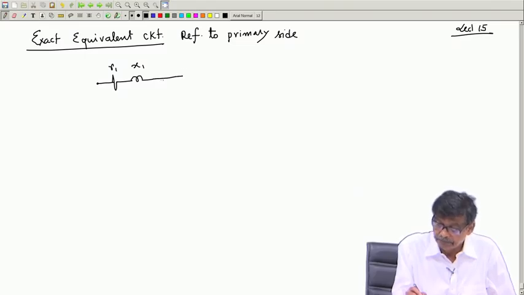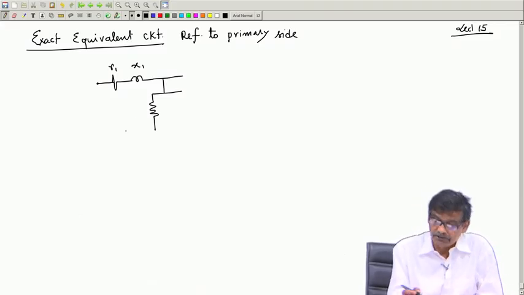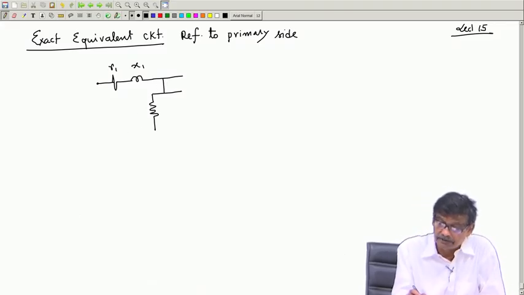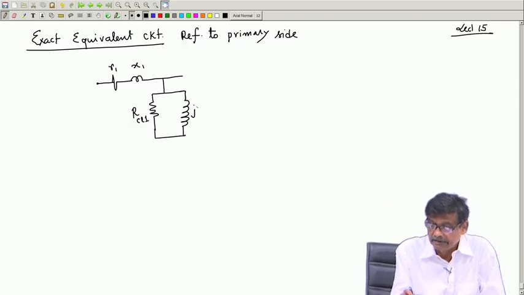then you have this parallel branch. One is this resistance, which I am showing by several lines indicating that it will be high; V square by R will be this power, and I will call it R core loss, referred to primary side 1. And here is the magnetizing branch of reactance jXM1.